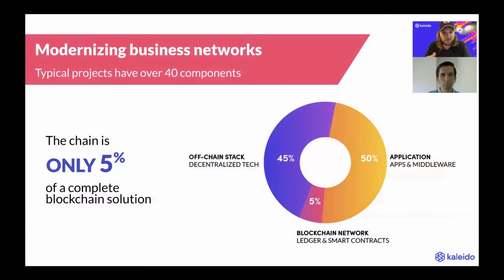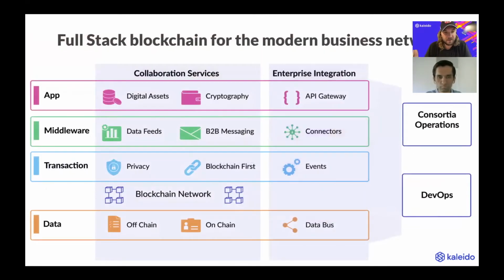One of our approaches and one of our insights into standing up a lot of these enterprise projects is that the blockchain is only really 5 to 10% of the overall solution. And in the past, we've talked about all of the different layers that go into a full stack solution. We talk about the data, we talk about the transaction layer, we talk about the connectors and the data feeds and middleware, and then we talk about the application layer.